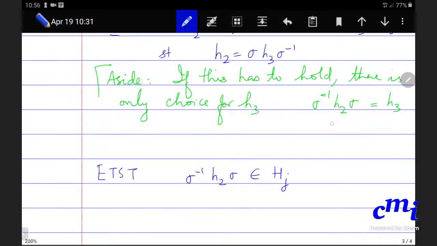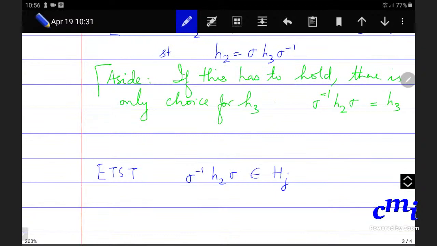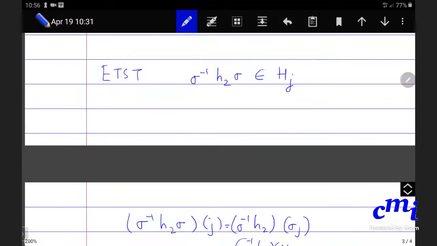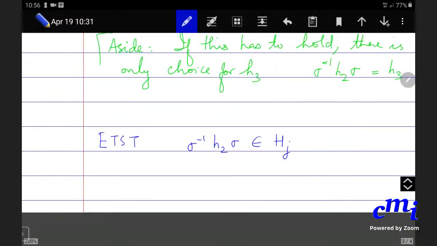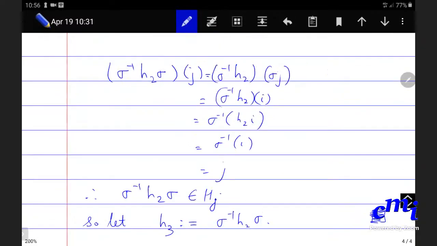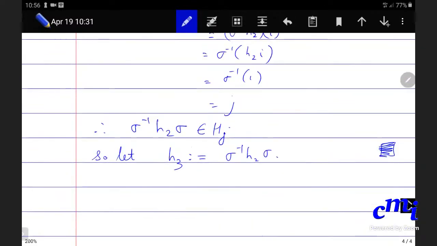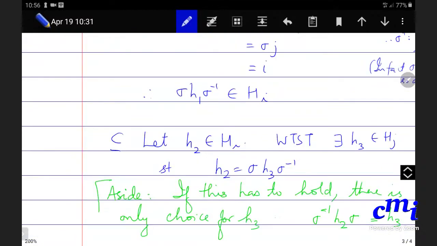We know that if what we're trying to prove is true, then it must be this element. So we just check if that element will work. So this is inside Hj. So let H3 be sigma inverse H2 sigma, and this finishes it. We wanted to find an element H3 satisfying this condition. So this finishes the proof and proves both containments.